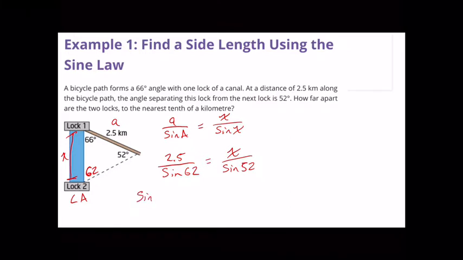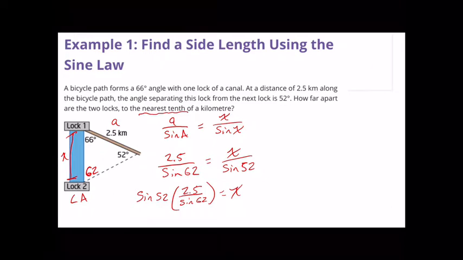We move the sine 52 to the other side, making it multiplication instead of division. And we pull out our calculators and make sure we know how to use them. So if we are rounding to a tenth of a kilometer, we end up where x equals approximately 2.23198.